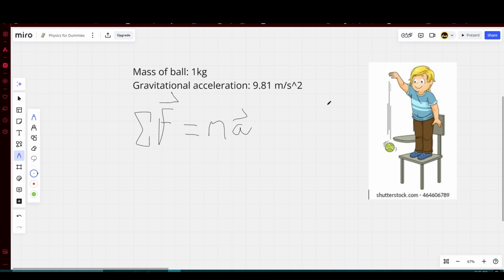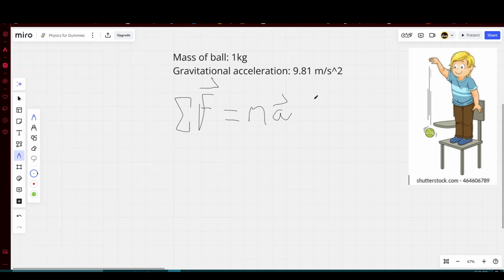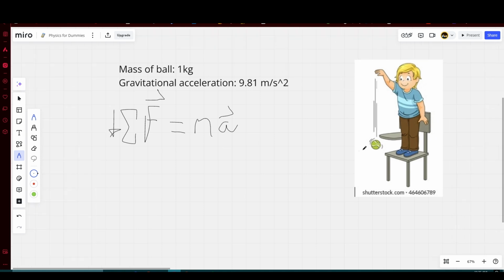So in here, the only force acting, the thing making the ball fall down, is gravity. So if it's falling down, it makes sense that we're going to make the down direction positive. Now, if you were throwing a ball up into the air, and it was accelerating upwards, then we would make the up direction positive.